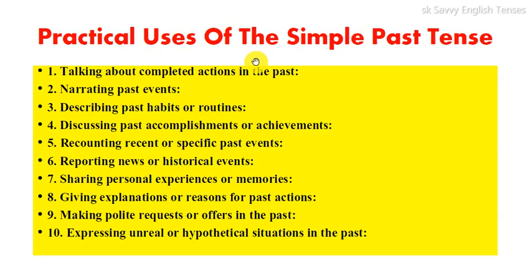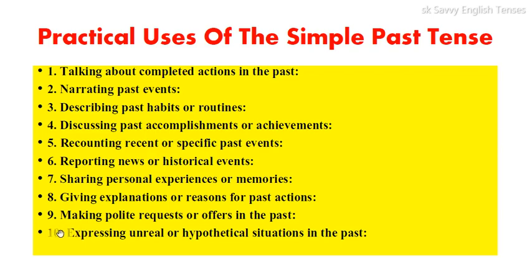Okay, so the simple past tense is used for talking about completed actions in the past, for narrating past events, describing past habits or routines, discussing past accomplishments or achievements, recounting recent or specific past events, reporting news or historical events, sharing personal experiences or memories, giving explanations or reasons for past actions, making polite requests or offers in the past, expressing unreal or hypothetical situations in the past.